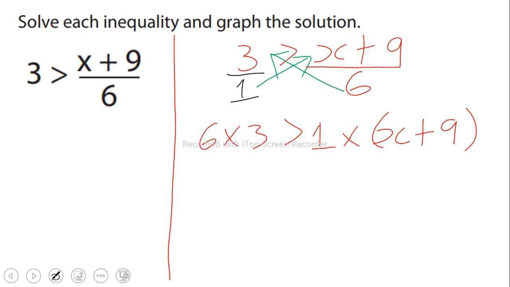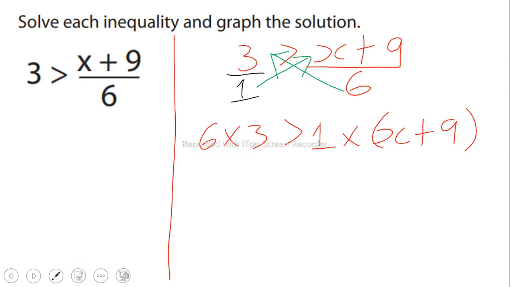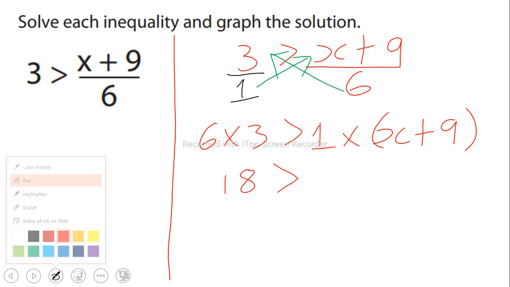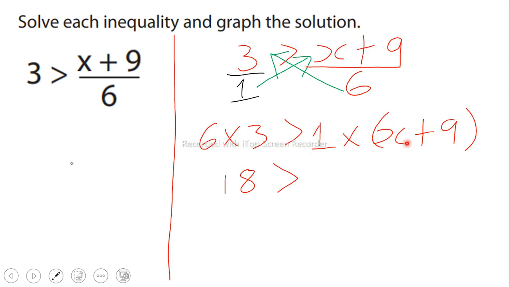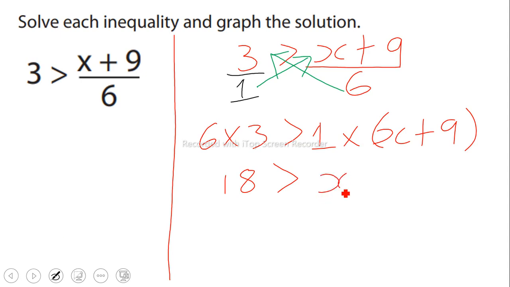Next, we multiply 6 by 3. What is 6 times 3? 18. Yes. And what is 1 times this quantity, x plus 9? It stays the same, because 1 multiplied by anything is itself, so x plus 9.